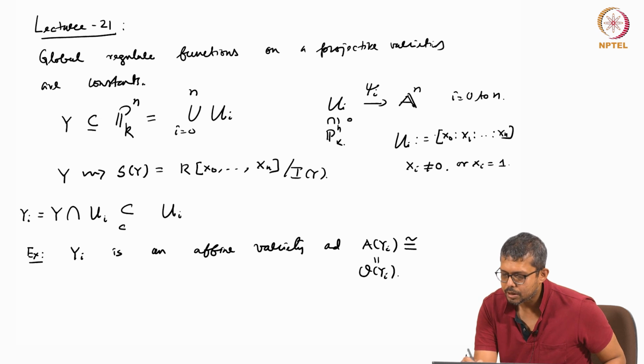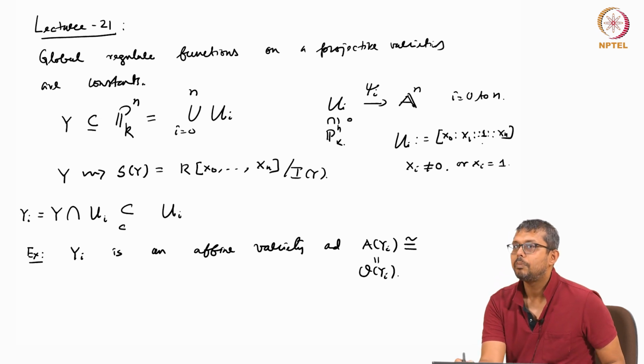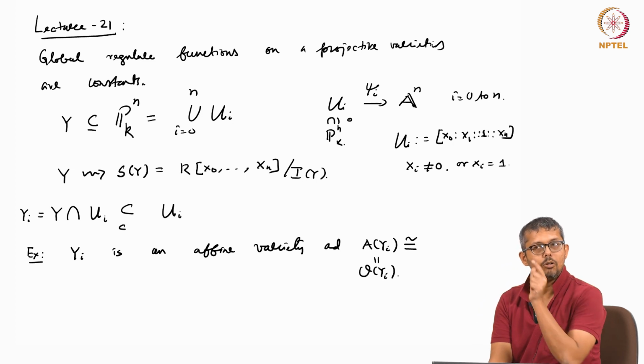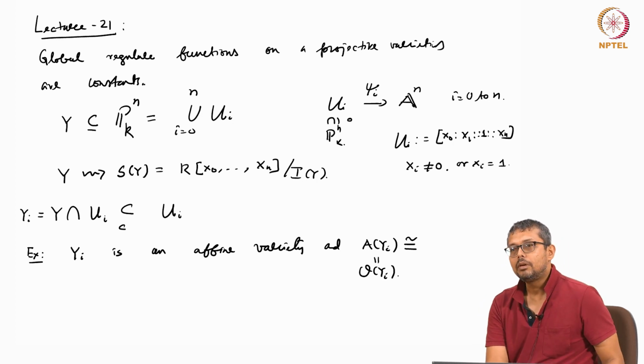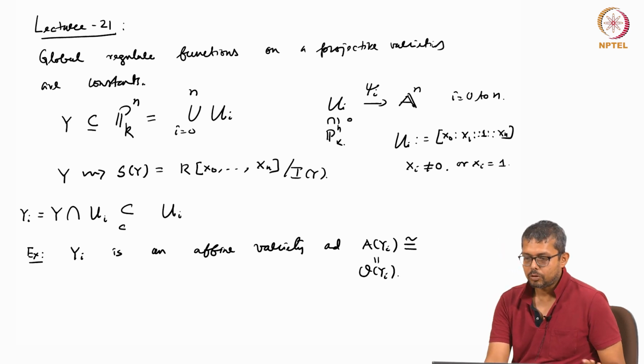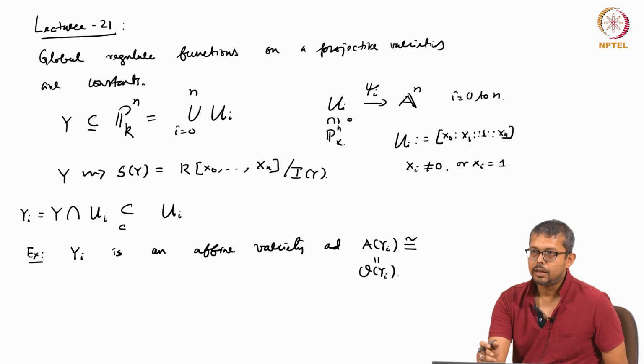So basically at the ith position you put just 1, and the rest can vary, and that is homeomorphic to An. You saw that it is homeomorphic to An, but the point is not only a homeomorphism, this is an isomorphism. So that is your Ui, and they are finite.